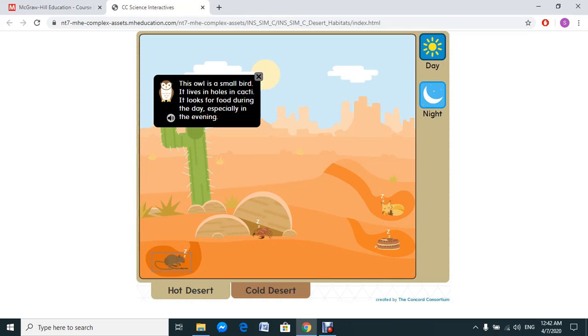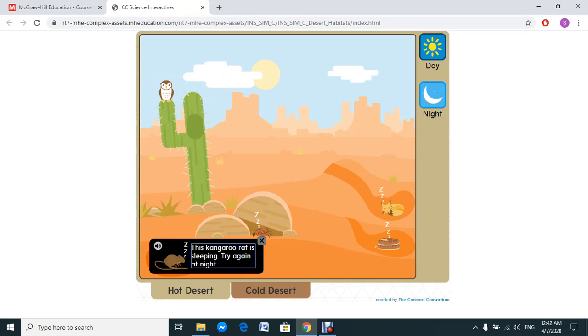Now let's see this mouse here. Oh, it is not a mouse. Can you see that it is a kangaroo rat? Look, it is a rat and it looks like a kangaroo. So it is a kangaroo rat.